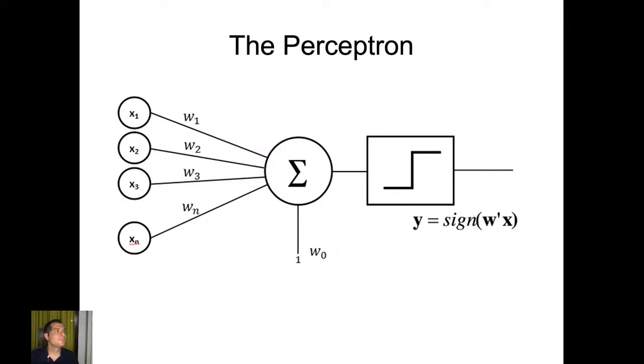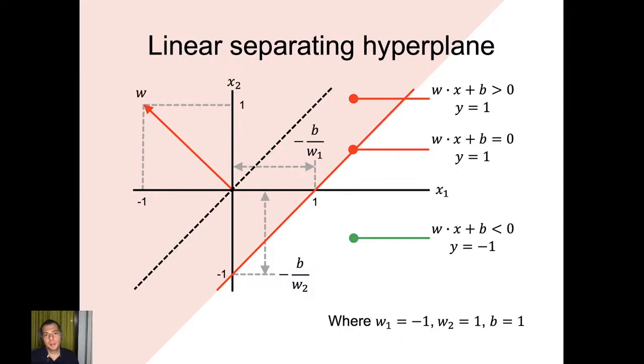In a particular case, let's say in a three-dimensional space, the equation will be the equation of a plane, and in a two-dimensional space it will be the equation of a line. So here I'm giving you the example of this particular case in the two-dimensional space.